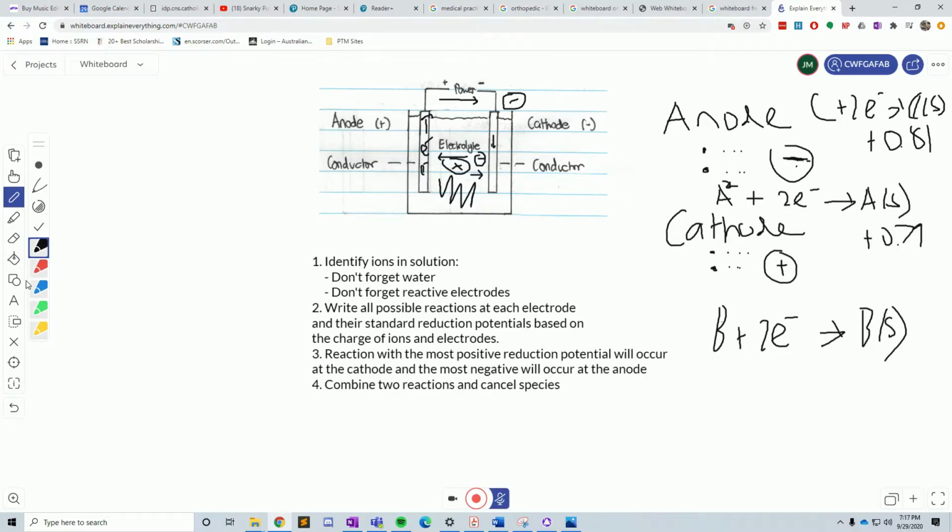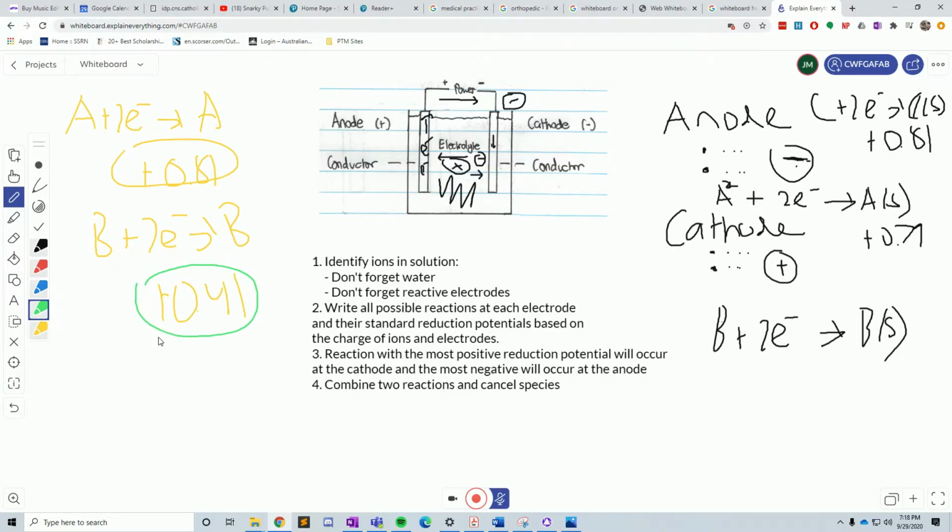If you have a reaction going this way, A plus 2e minus goes to A, and let's say that has a reduction of 0.81, that wants to occur relatively more than this reaction here. For example, these are different B's and A's. So the more positive, the more it wants to occur, and that one's lesser, so it wants to occur less.